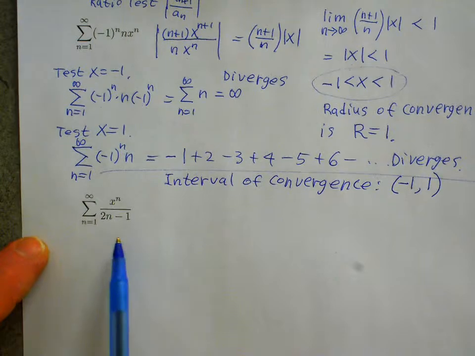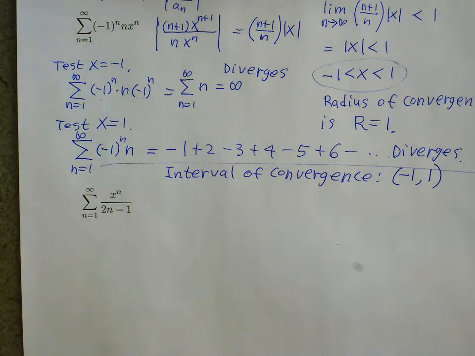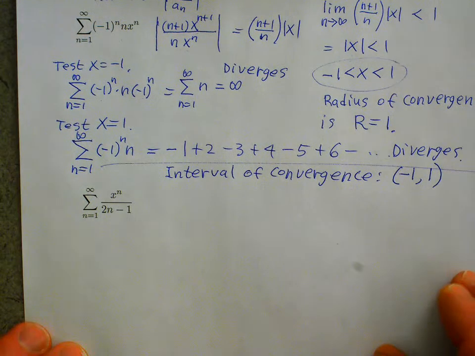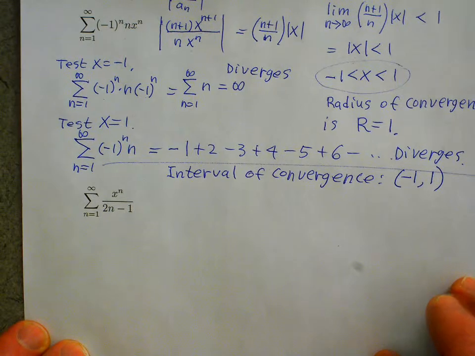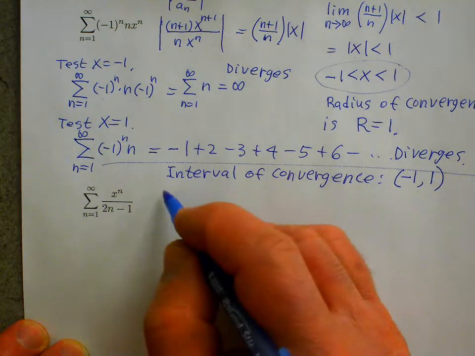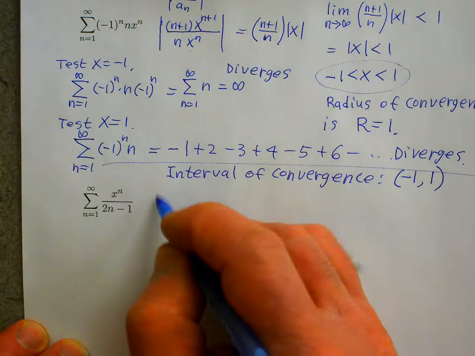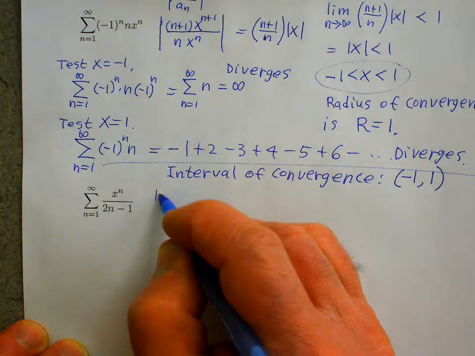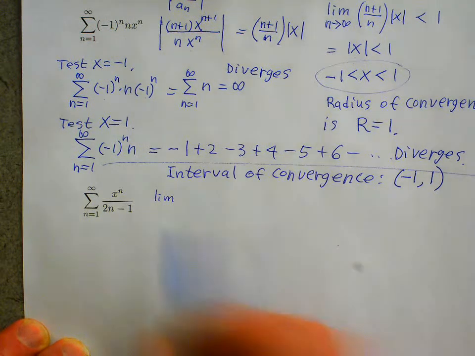Okay, the next series, the terms are x to the n over 2n minus 1. N ranges from 1 to infinity. So we'll apply the ratio test again. I'll try to be a little more formal.